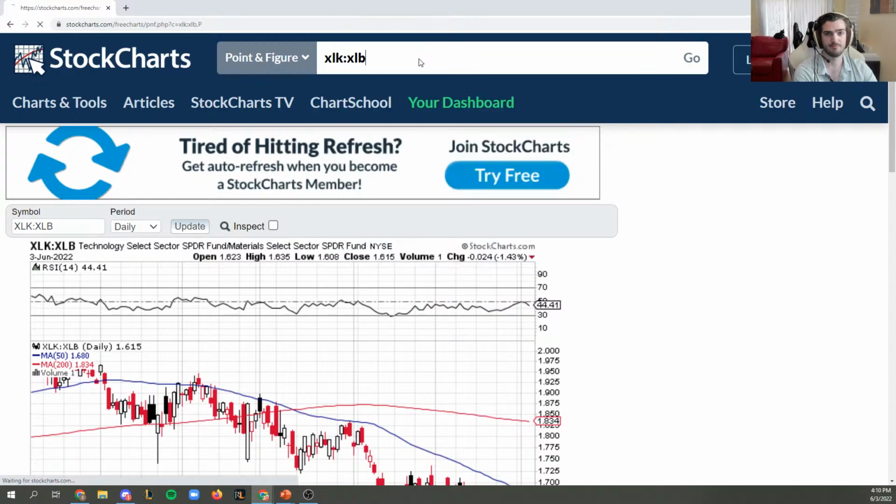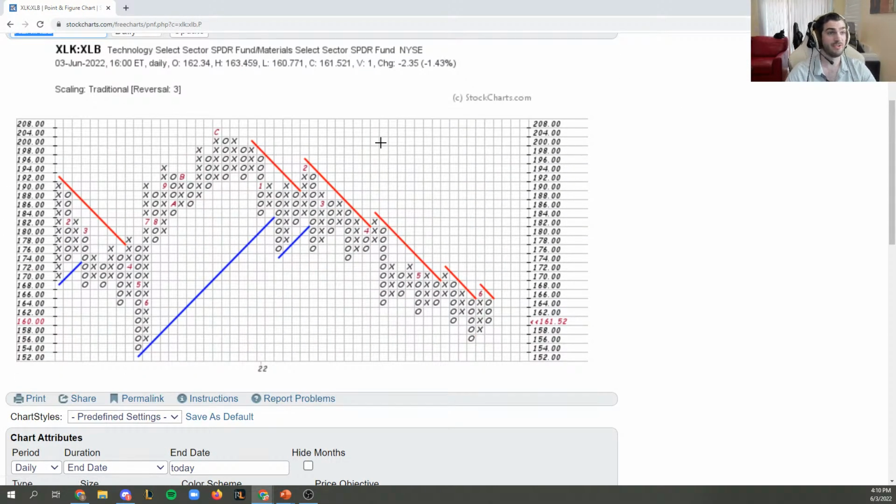So we see that here. Do note, point and figure is the one that multiplies it by 100 because of this weird thing called box size. We're not going to get into that today. It's not the important part. The important part is how we can use this information.